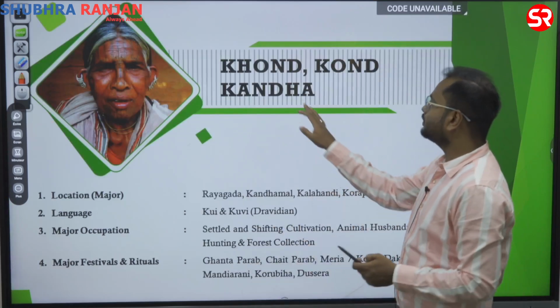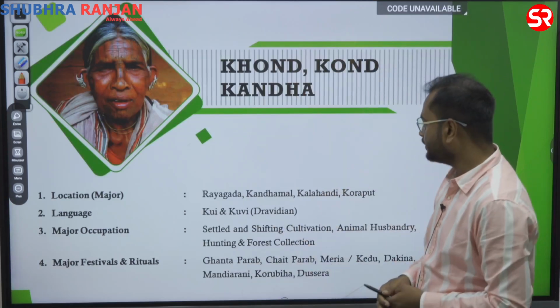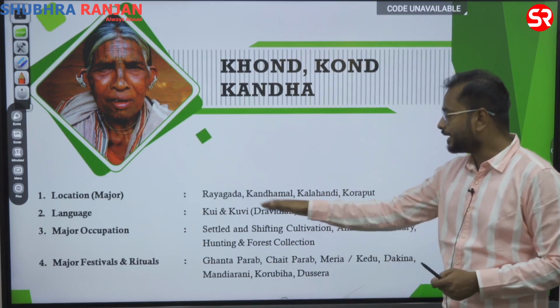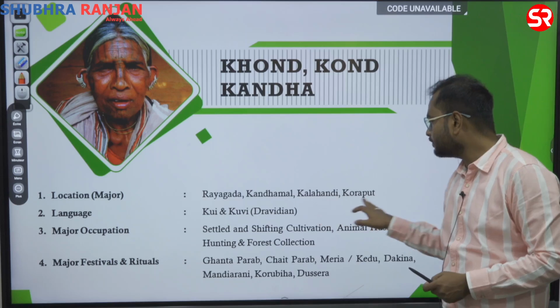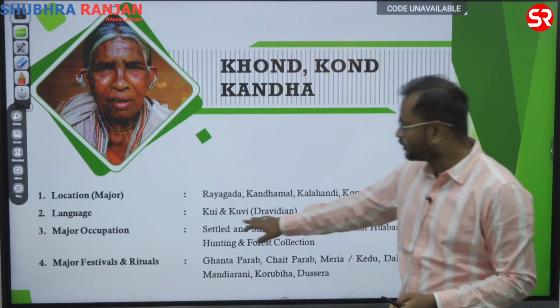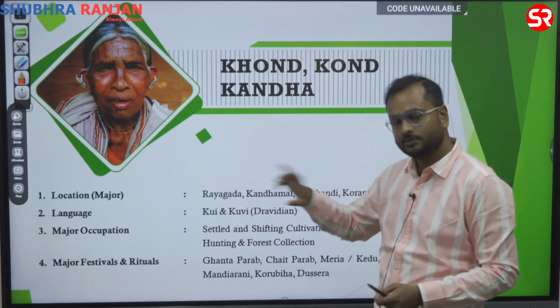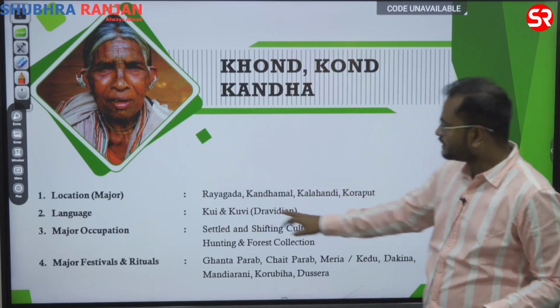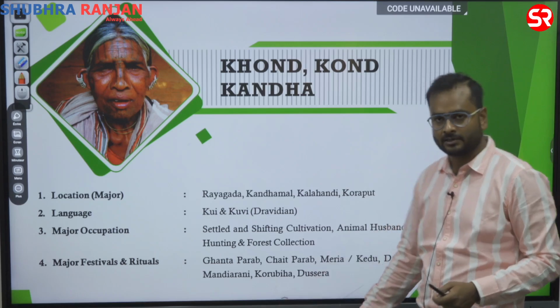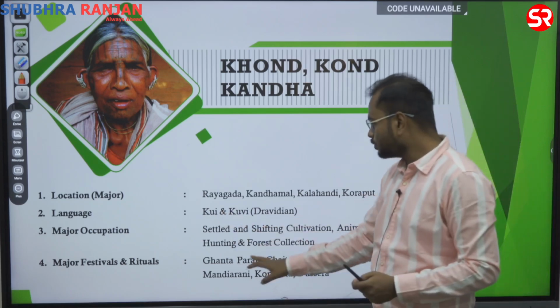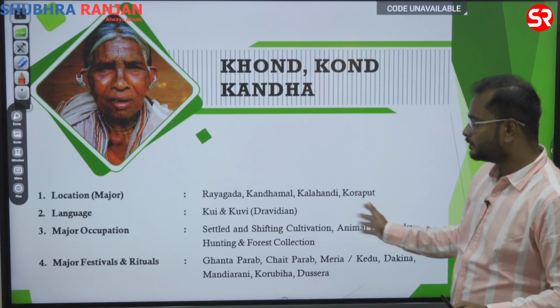The other tribe is called Khond. I have already spoken about it. They primarily live in Rayagada, Kandhamal and Koraput districts. The language spoken by them is Kui or Kubi, these kinds of languages; the Kubis are again another dialect. What are the major occupations? It is beyond contemplation.